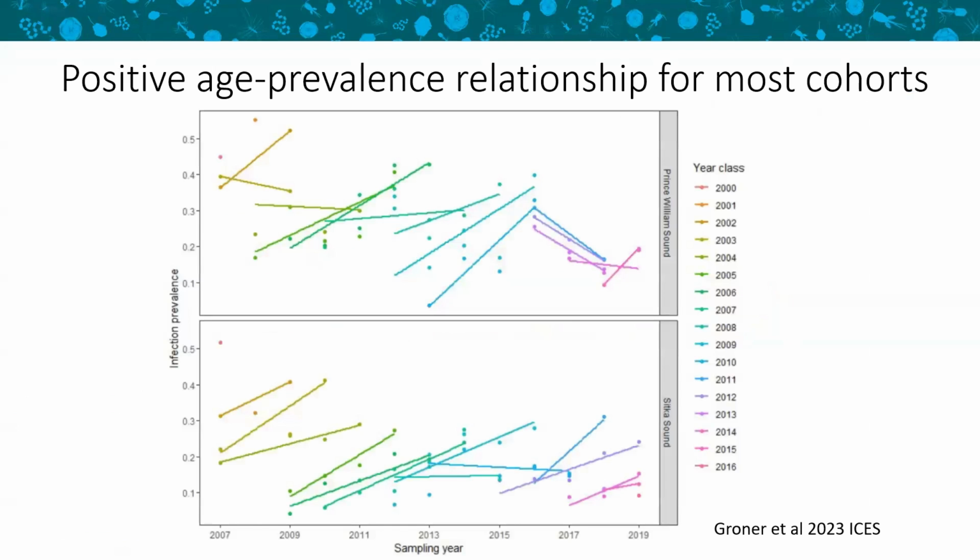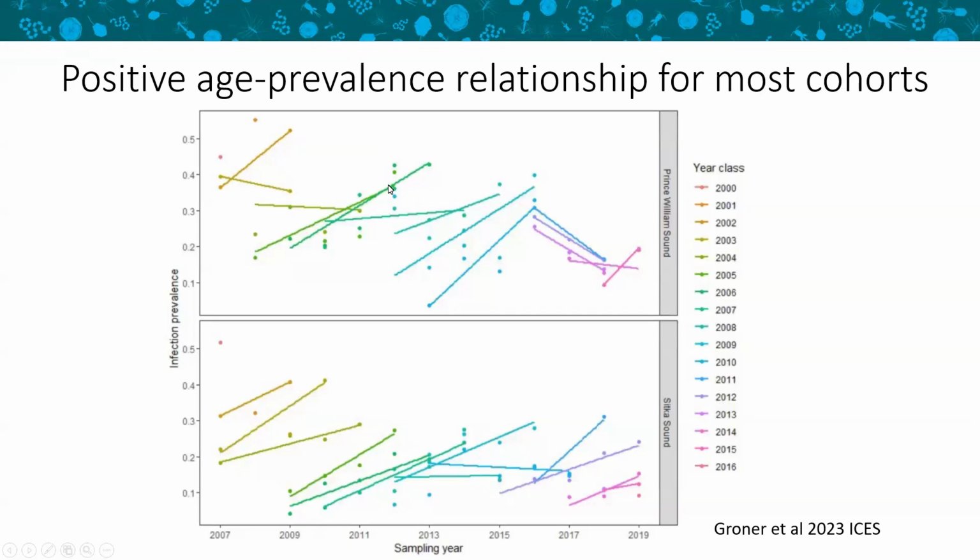We then looked at age relationships for these populations. Prince William Sound is at the top and Sitka Sound is below. Each of these lines is following a cohort of herring over time. So you see, for example, in green here, this is the cohort when they're 3 years old, 4 years old, 5 years old, 6, 7.